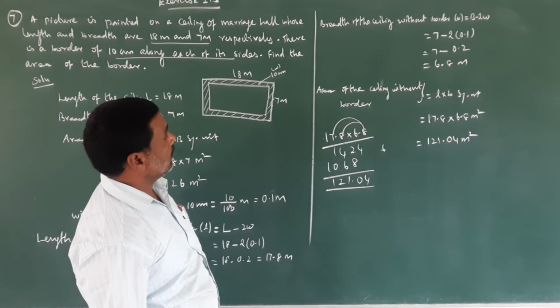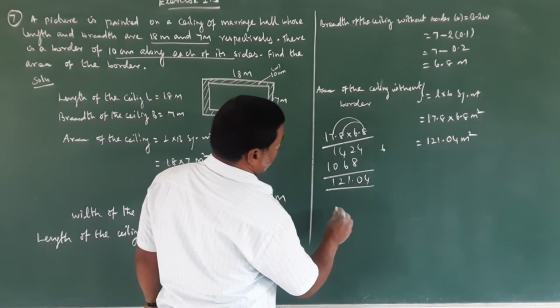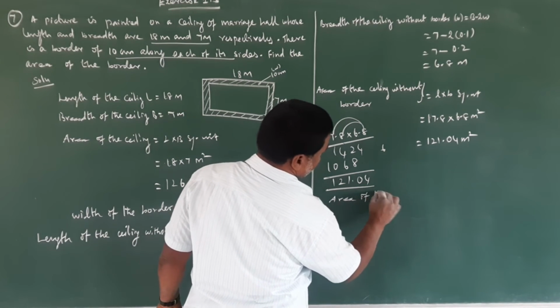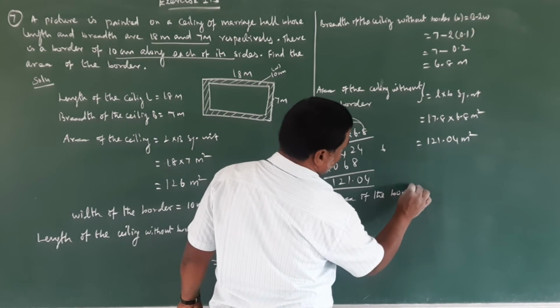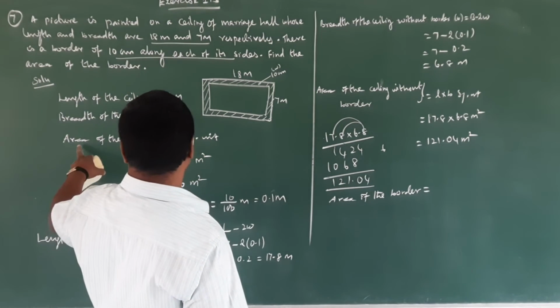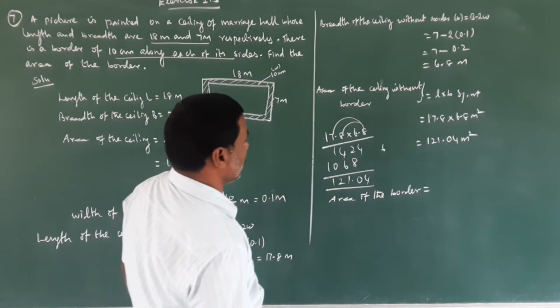Now find the answer, area of the border. Therefore, area of the border equal to area of the ceiling minus area of the ceiling without border.